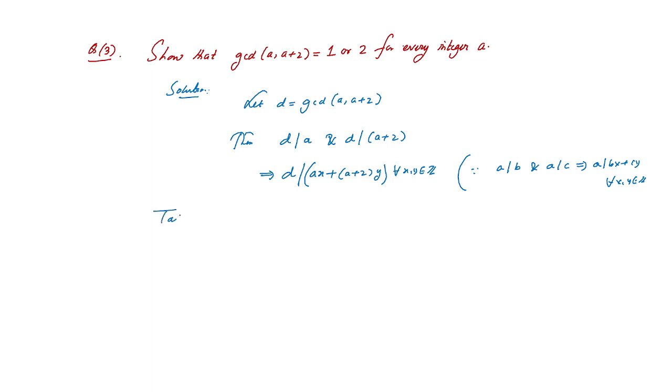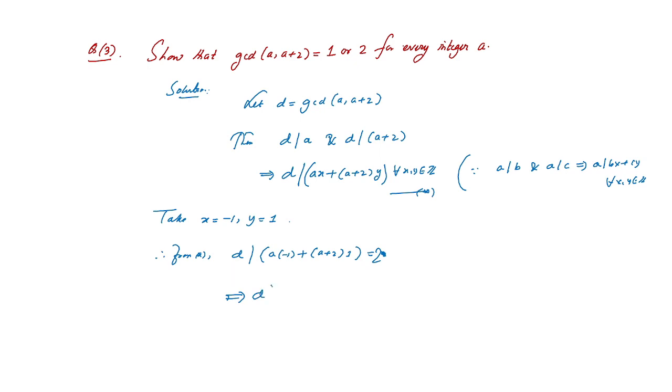So we just take x equals minus 1 and y equals 1. Obviously the above result holds. So therefore, from star, we can write D divides a times minus 1 plus (a plus 2) times 1, and that is exactly 2.